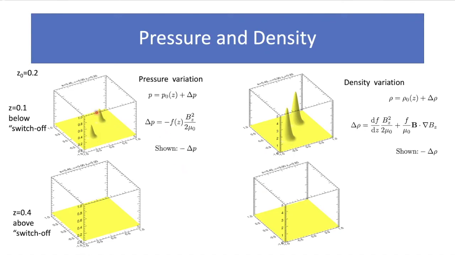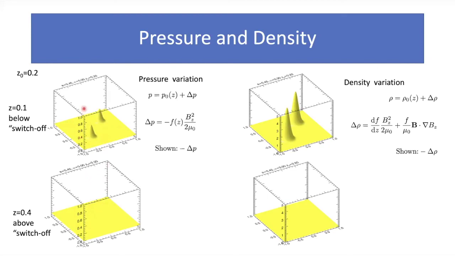And I've tried to highlight what happens in this model with these figures here for the pressure. So this is below the switch off, where the currents flow, and you see the density is changed here where the loop is, and not much elsewhere. But as soon as you switch off the extra currents, you basically have a flat pressure surface here. So this is the isosurface of pressure, I should say.